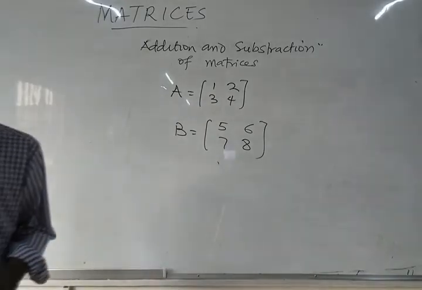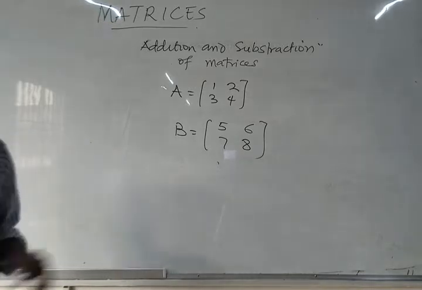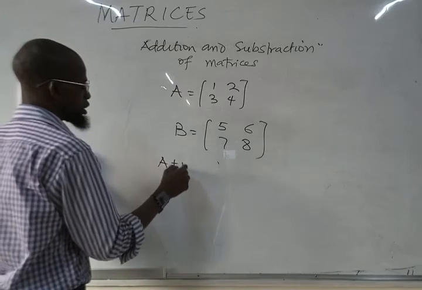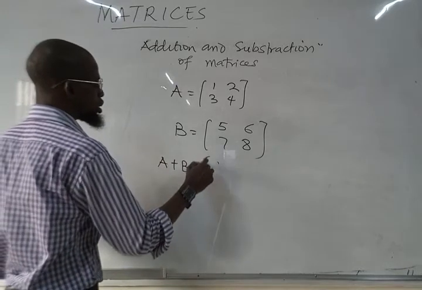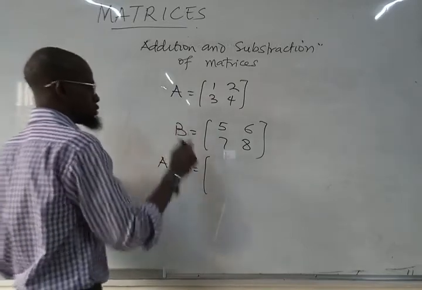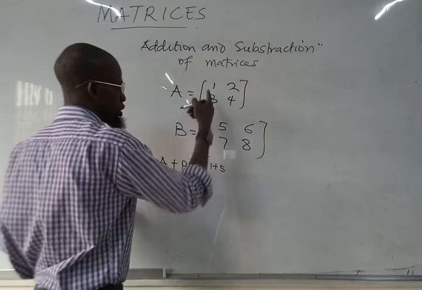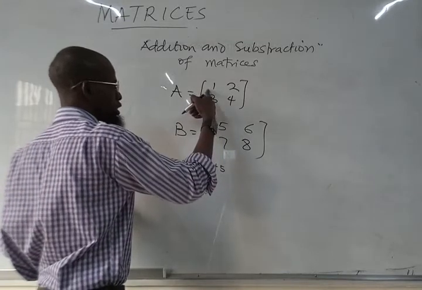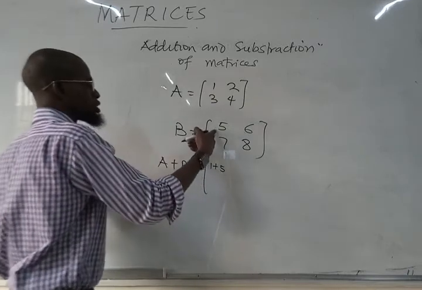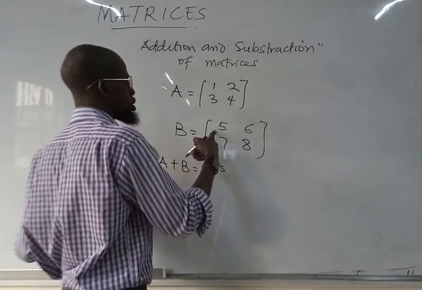So we can then add these two matrices to form this addition. Therefore, A plus B will now be equal to, you take the position they are in each of the matrices. This will be 1 plus 5, because 1 is in the first row and first column, and 5 is also in the first row and first column.